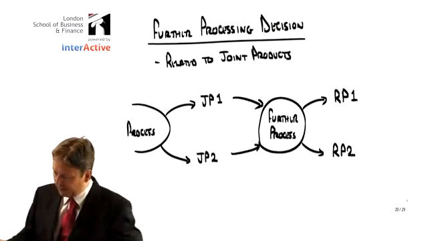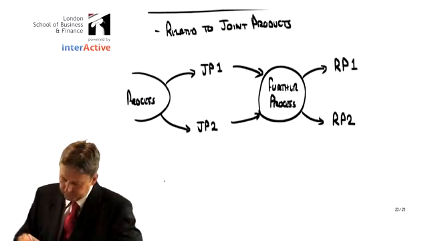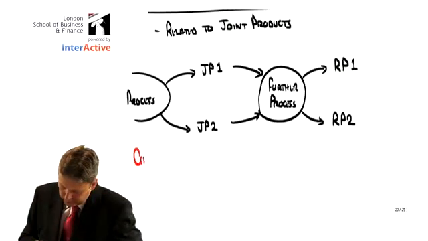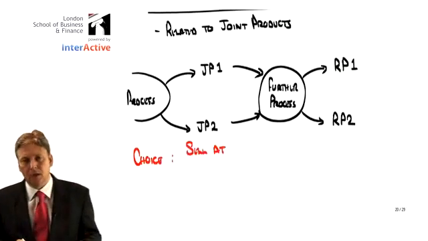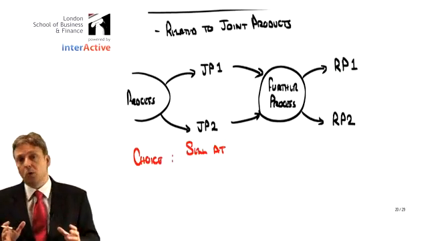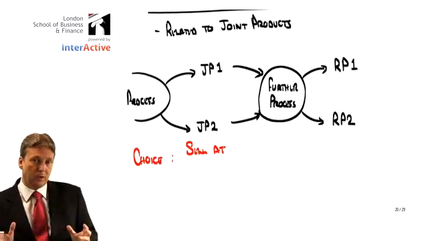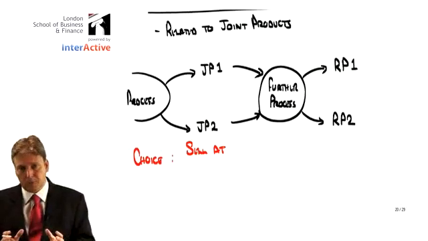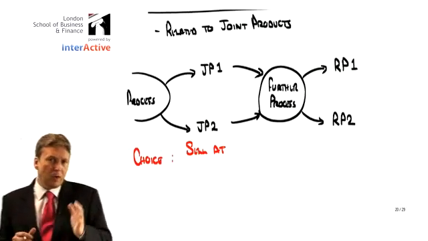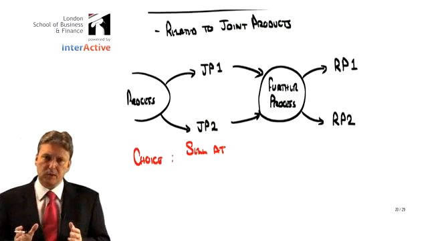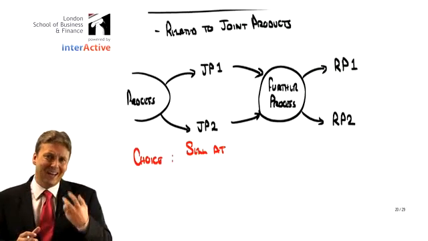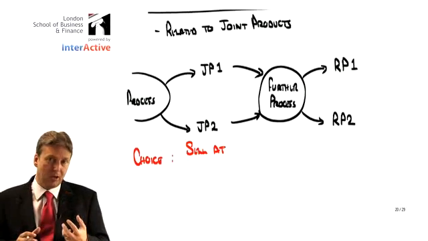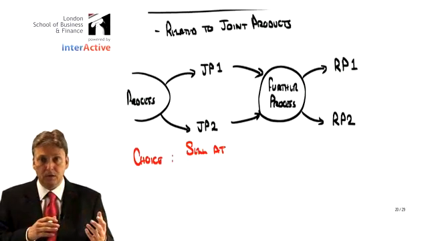So the issue that we have here is very straightforward. Our choice. We either sell at this point here. Now, this point is called the separation or split-off point, the point at which they arise from a joint process. The reason why they're called the separation or split-off point is, if you remember, in a joint process we cannot identify the costs accurately between the two products.